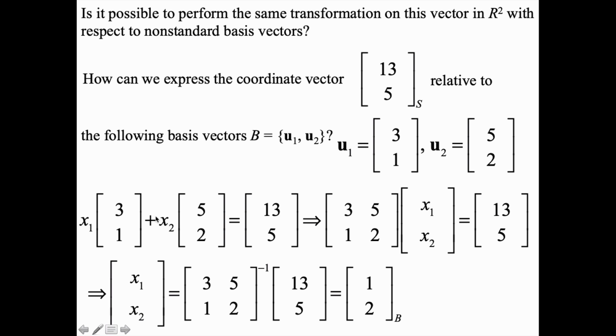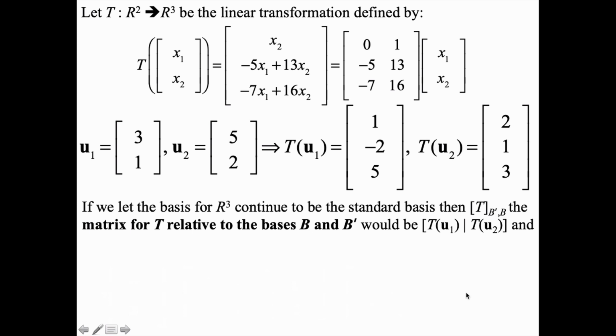That's the combination that we need of these two new basis vectors in basis B to get us the old standard coordinate that we're accustomed to, (13, 5). Okay, so keep that in mind. So what we've done so far is show how to get a coordinate for the vector that we had before, (13, 5), in terms of a new set of basis vectors.